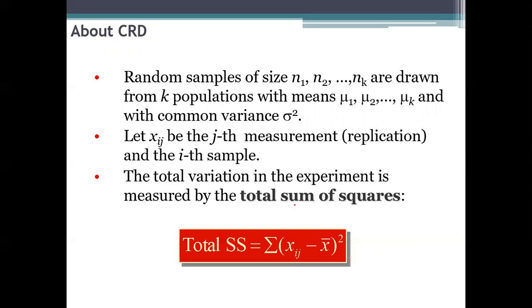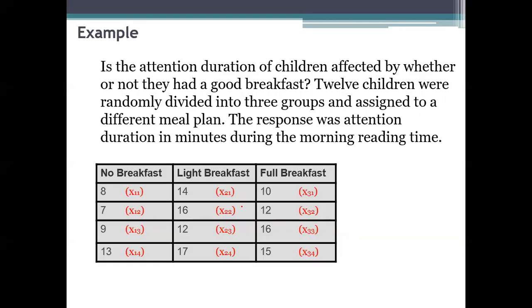The total variation in the experiment is measured by the total sum of squares. But never mind, we are going to see examples so we can better understand the CRD design in one-way ANOVA analysis.